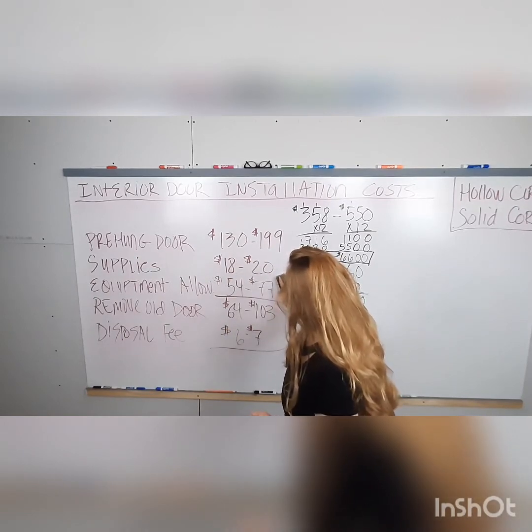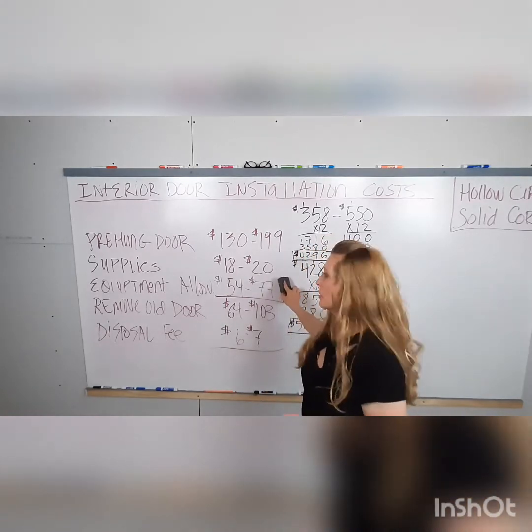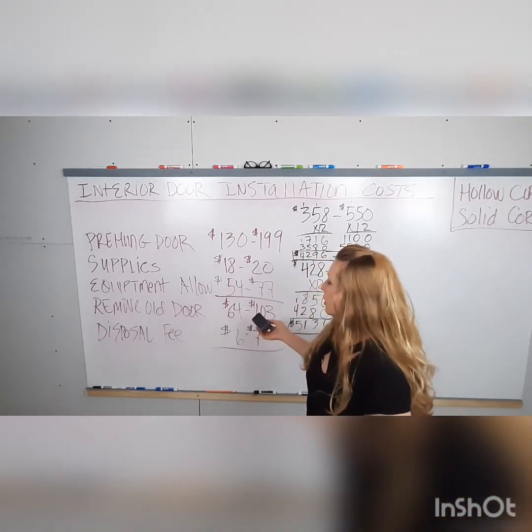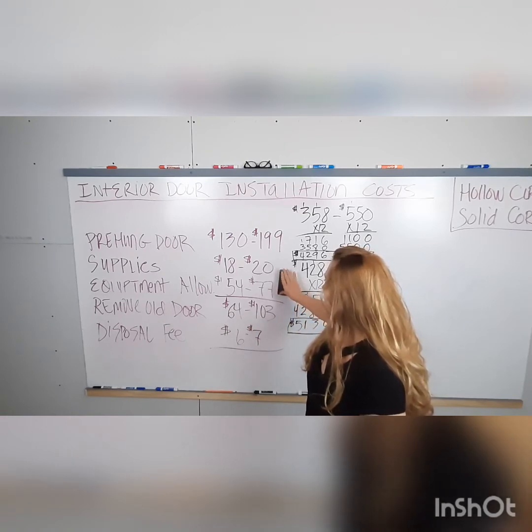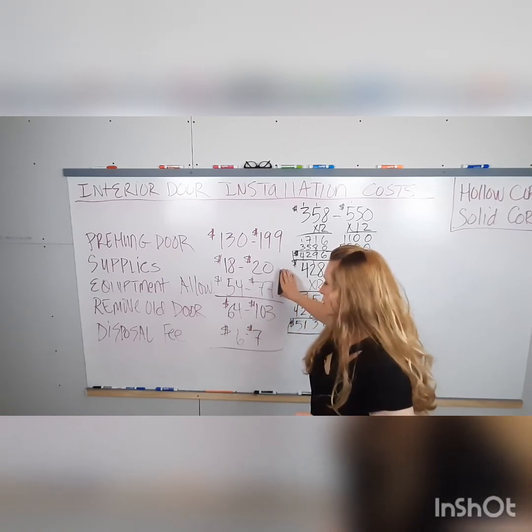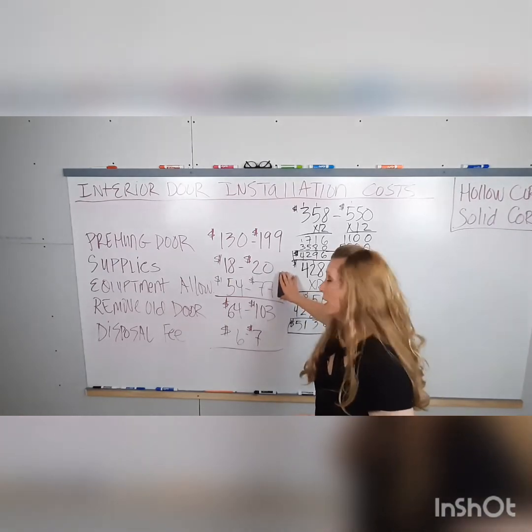Equipment allowance, you are going to have some initial costs if you're going to do this yourself. You're going to buy a circular saw and a blade.